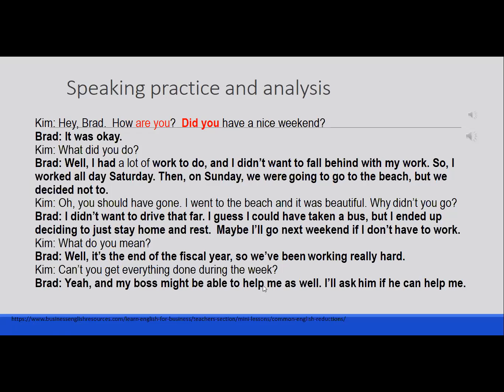Good. So the idea is we're going to separate the group into smaller groups in the breakout rooms, and you're going to read this several times. The focus for this session is to identify reductions, right?